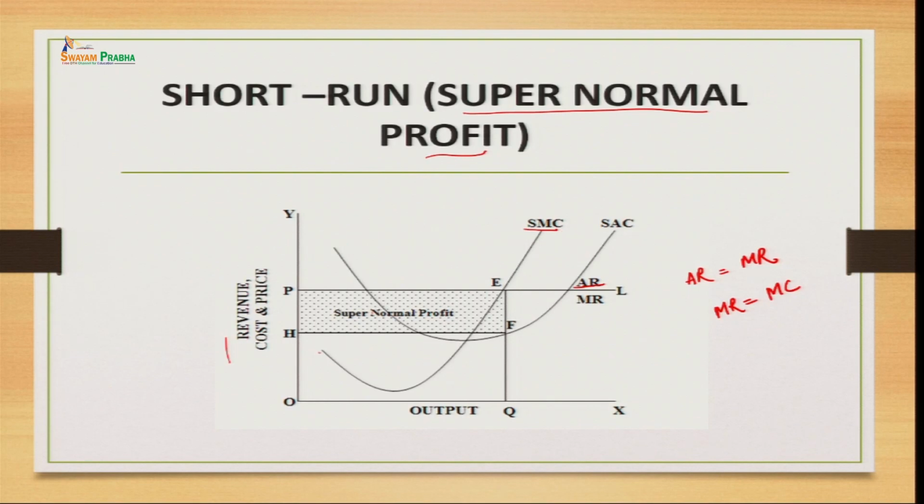So, here we have the short run marginal cost, and you can see that at point E, this marginal cost curve is cutting the marginal revenue curve from below, and at this point marginal revenue is equal to marginal cost. So, this point E is the equilibrium point for the firm. A firm should ideally produce OQ output in this short run.